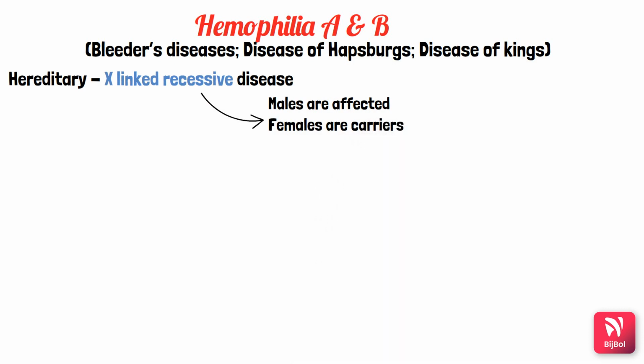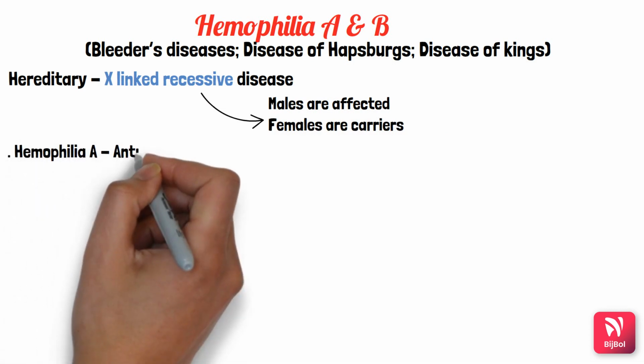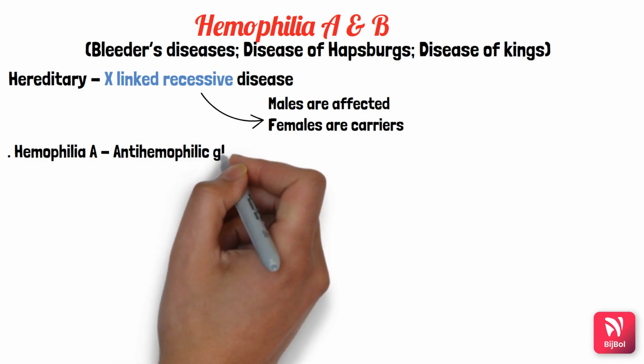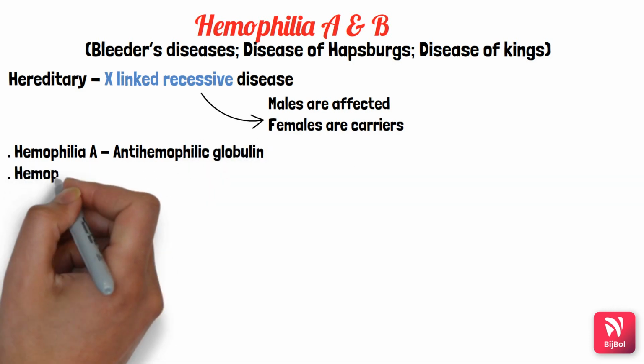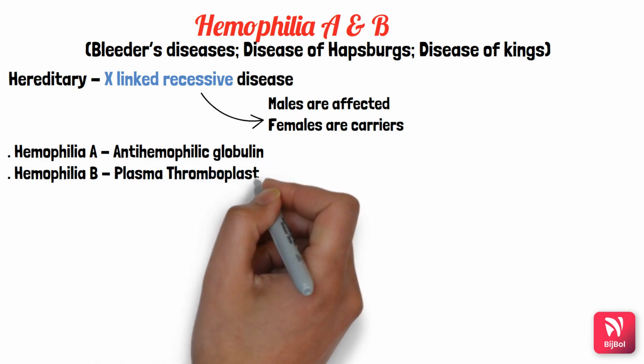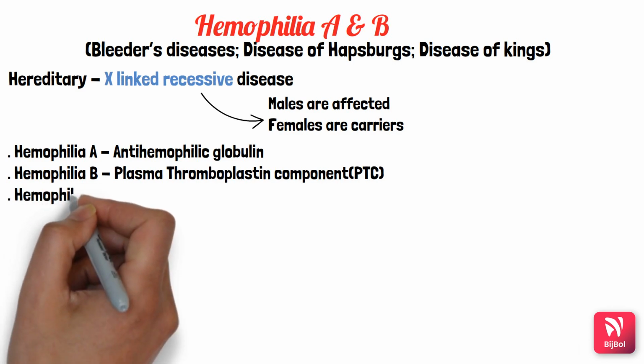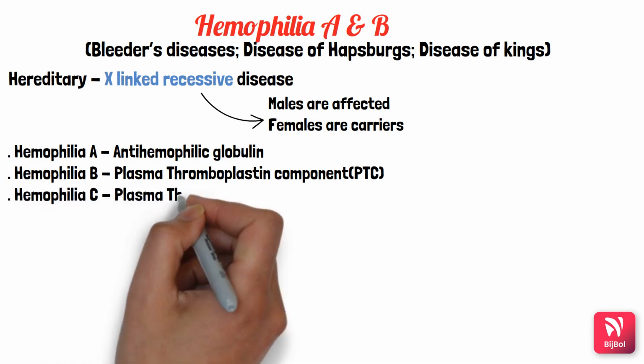And hemophilia is basically of three types, hemophilia A, B and C, where hemophilia A is caused by deficiency or defect in factor 8, also called anti-hemophilic globulin. Whereas hemophilia B is due to a deficiency of plasma thromboplastin component, which is factor 9, also called Christmas factor.